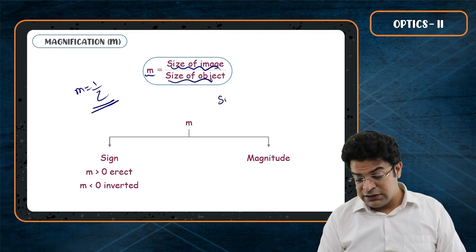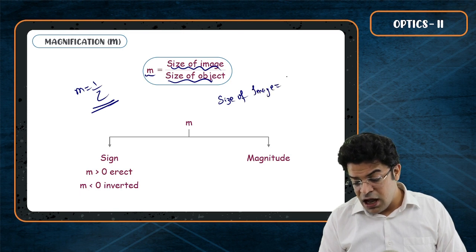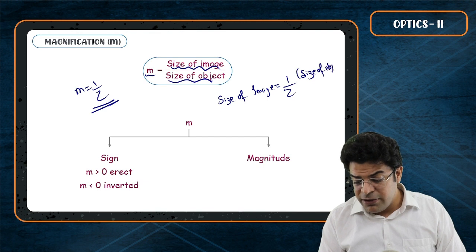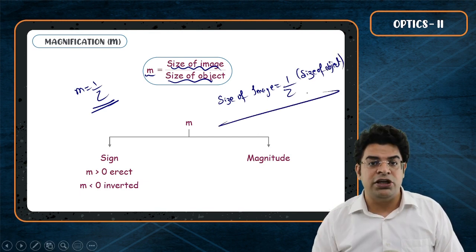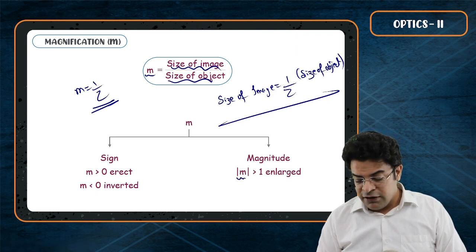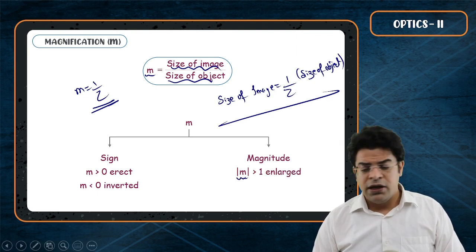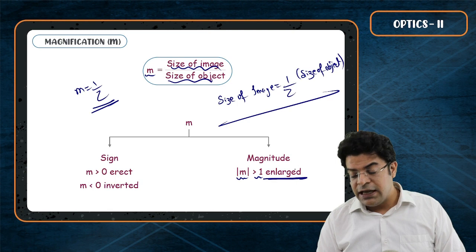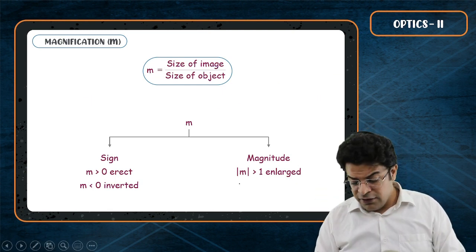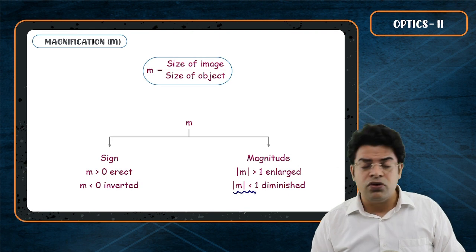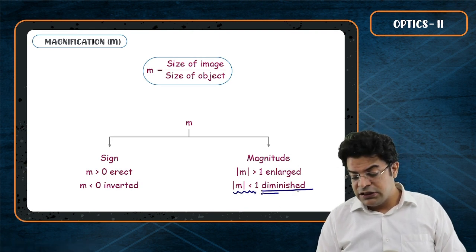It means that the size of image is half of that of the size of object. So the image is smaller than object. It means that the image is diminished. So just remember that if the magnitude of magnification is greater than 1, you say that the image is enlarged. The image is bigger than the object. And if the magnitude of magnification comes out to be less than 1, then the image is diminished.